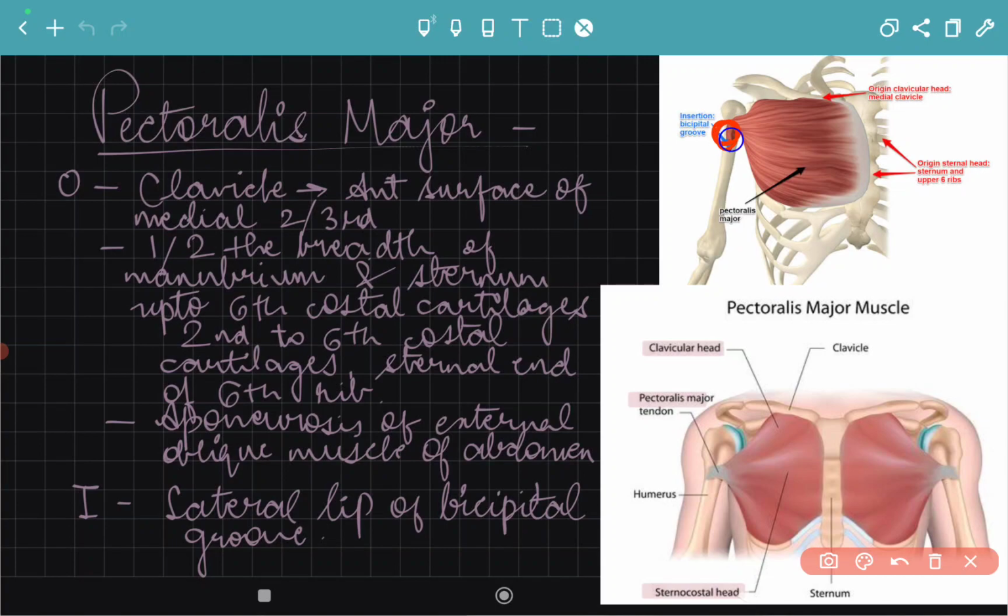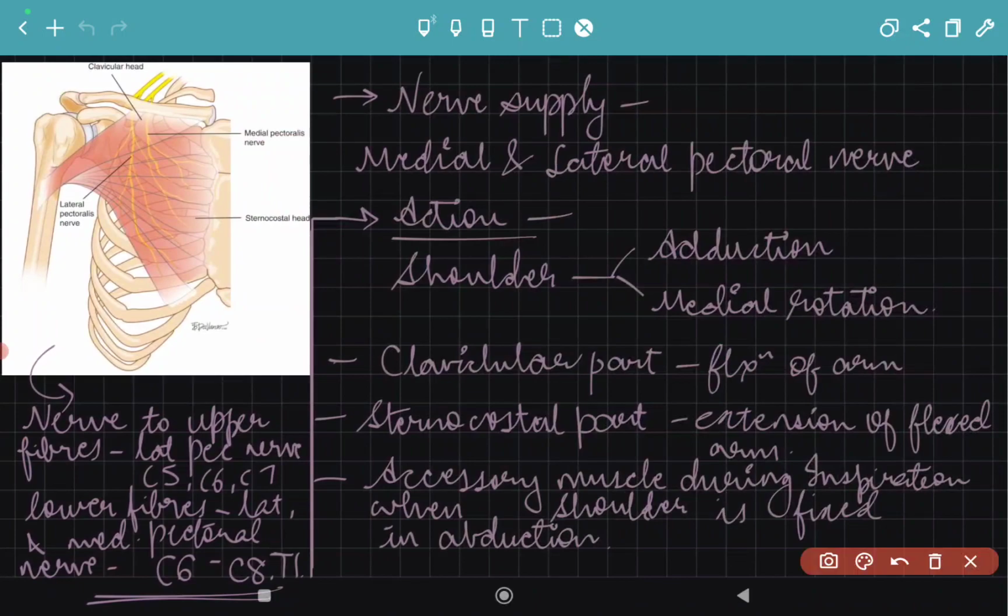It is inserted over here and originating from here. So this way is the line of action of both the heads, clavicular as well as sternocostal head.